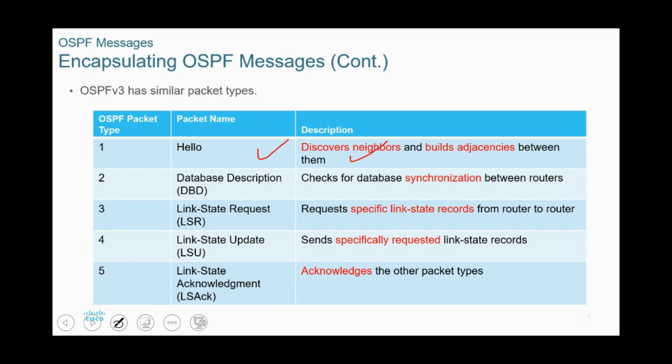OSPFv3 also has the database description, to check database synchronization. It also has the link state request, which requests specific link state records from router to router. OSPFv3 also has link state updates, which send the specifically requested link state records. And the last one is the link state acknowledgement, which acknowledges the other packet types when you receive them.